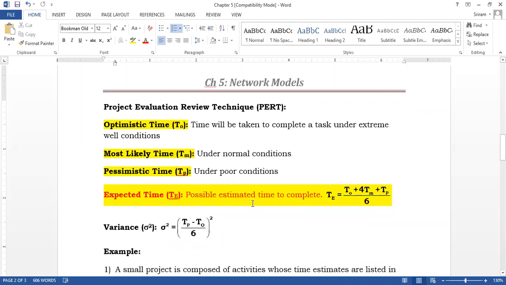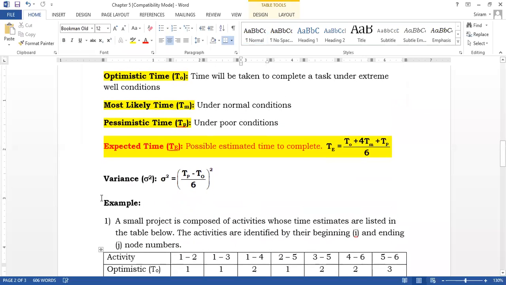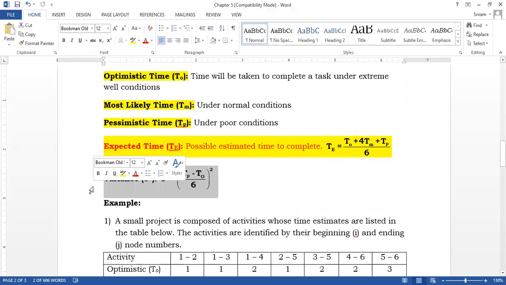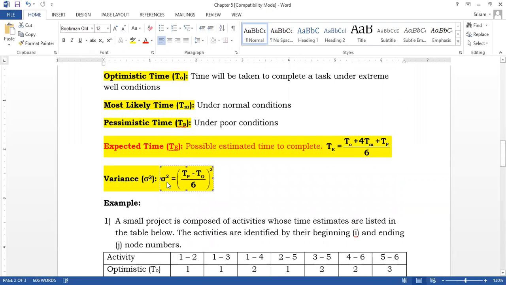And then from this, we are going to find the variance. When you studied statistics, you might have studied the variance. The variance is sigma squared, equal to Tp minus T0, divided by 6, the whole squared.